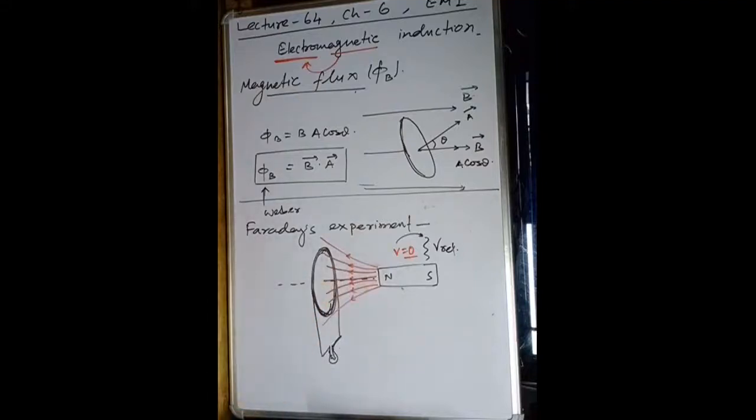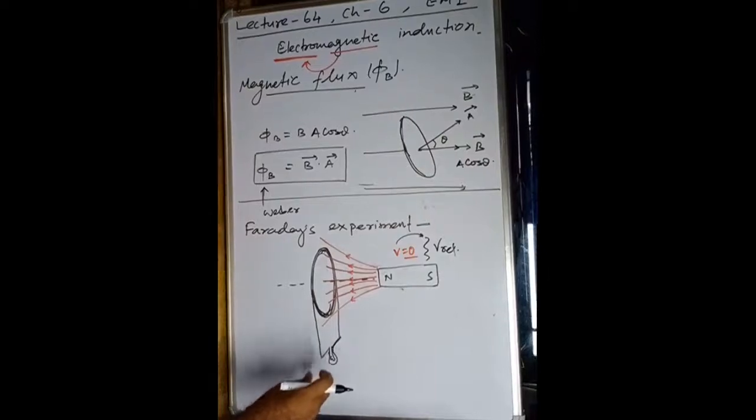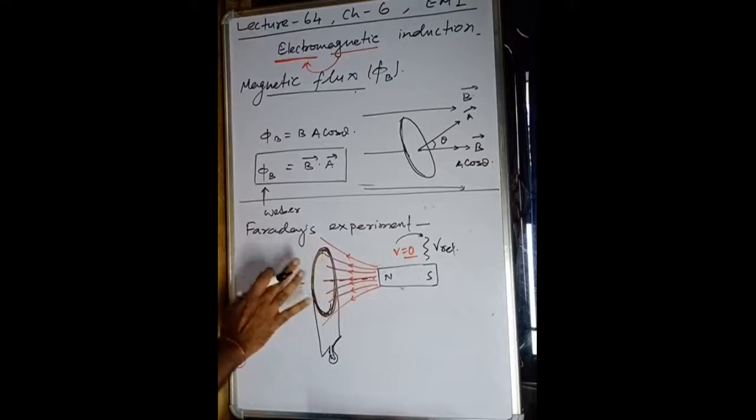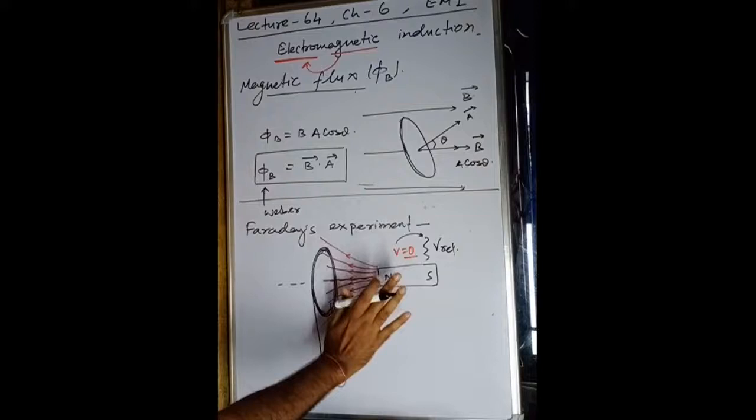Then in this case, there will be no observation on the bulb. Actually, we will see later on this bulb will glow. But here in this case, you can see the field lines are linked with the coil, but these field lines are not changing, they are constant. Suppose 5 field lines are linked with the coil and it remains 5 field lines because this is stopped.